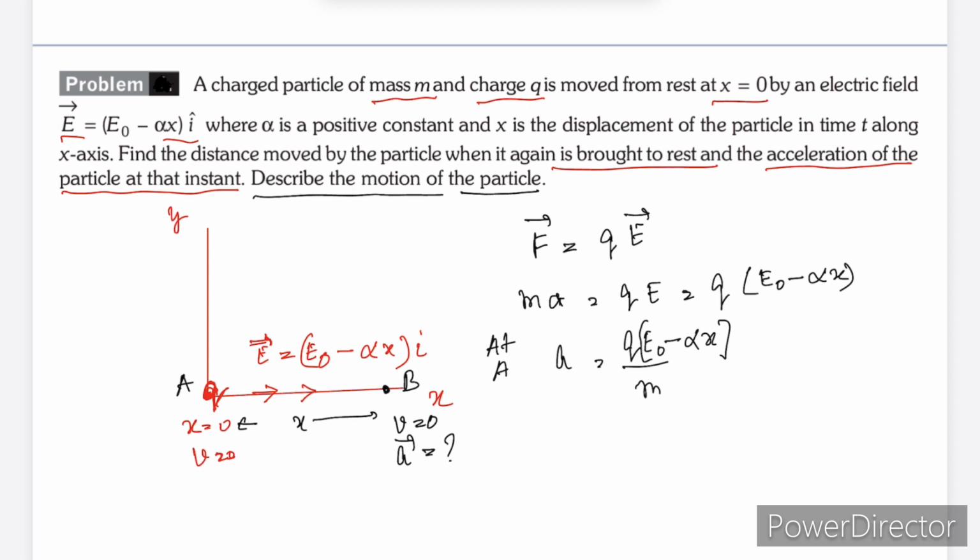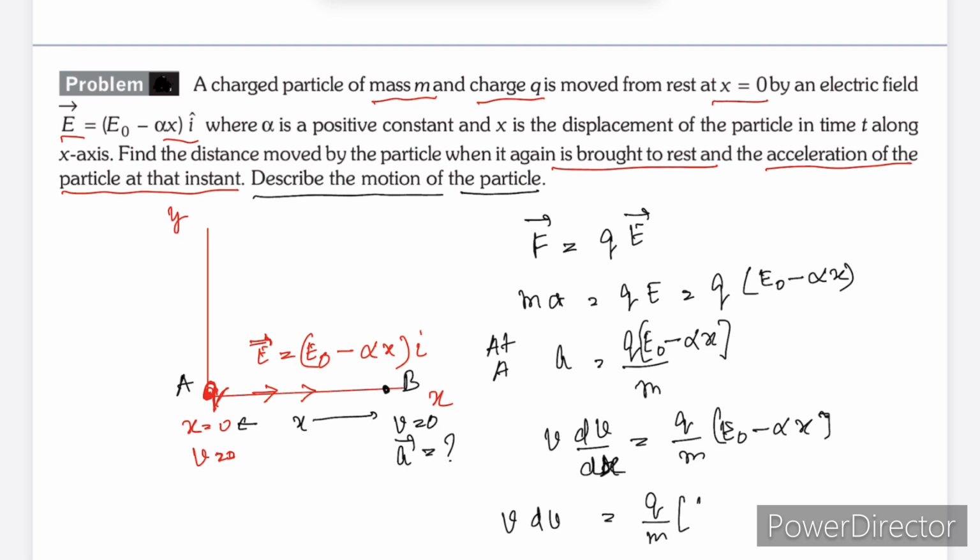So we know that v dv by dx is nothing but q upon m into (E0 minus alpha x), or we can simplify it as v dv equal to q upon m (E0 minus alpha x) dx.